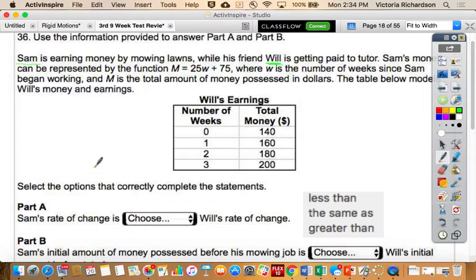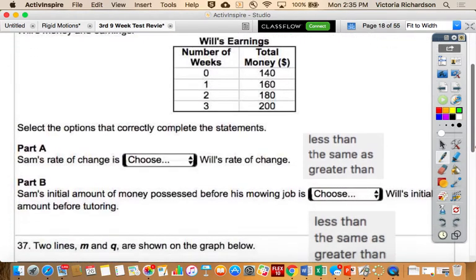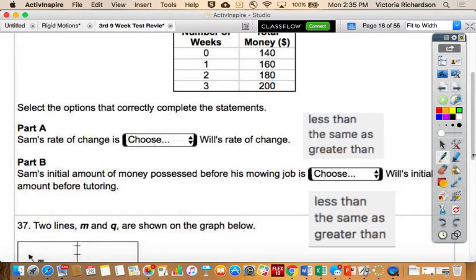M stands for money, and W is the number of weeks since Sam started working. The table below models Will's earnings. It tells you the number of weeks and how much total money he has earned since then. Select all the options that correctly complete the statements.